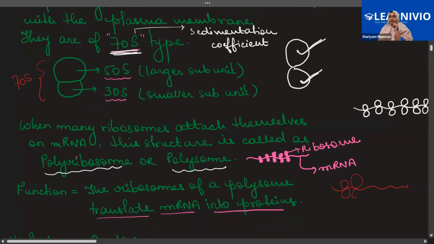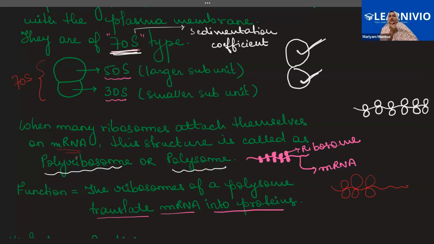Bigger subunit, smaller subunit. So many ribosomes attach themselves on the mRNA, and this structure is called polyribosome. Poly means many, and they form a sort of aggregation. So we call it the polyribosome or polysome. Clear?